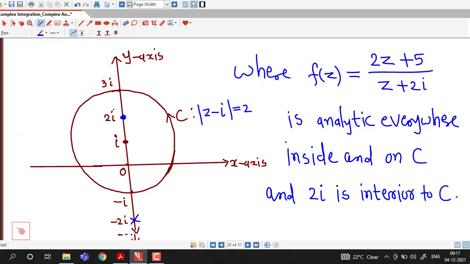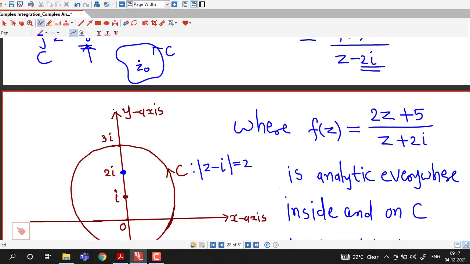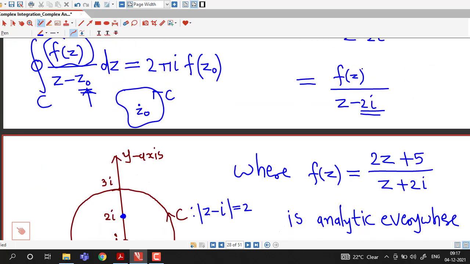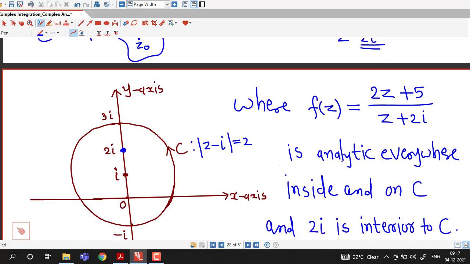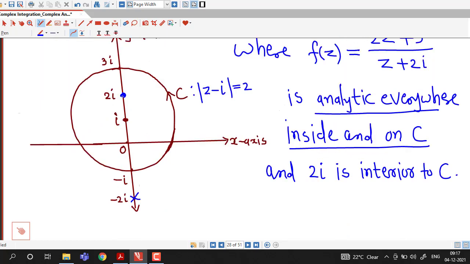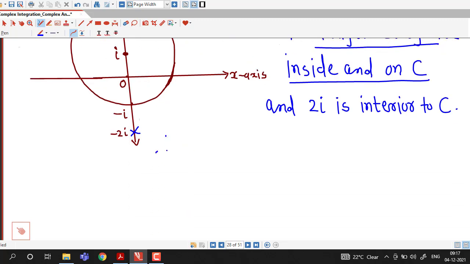In our case, the simple closed contour is a circle. Here f(z) is analytic everywhere inside and on this circle, and 2i is inside this circle. So we can apply the Cauchy integral formula.